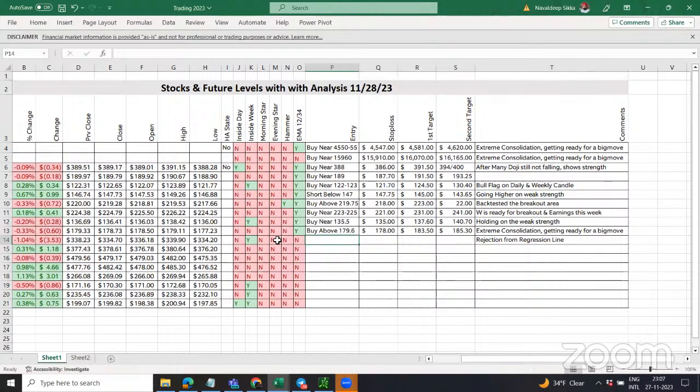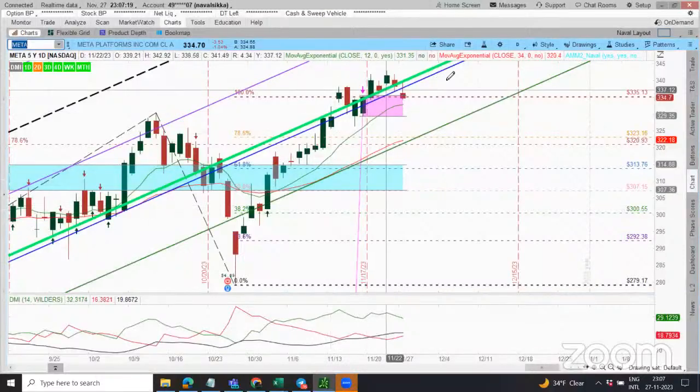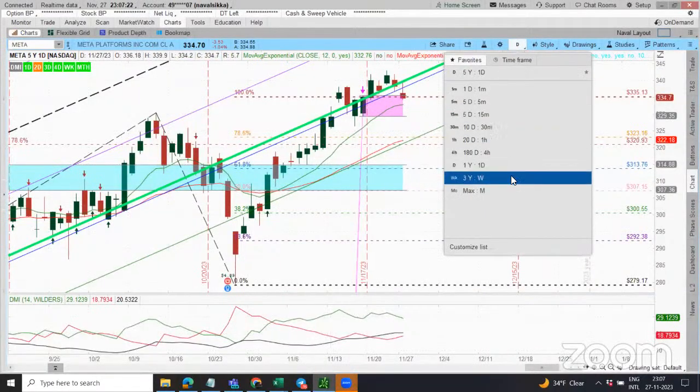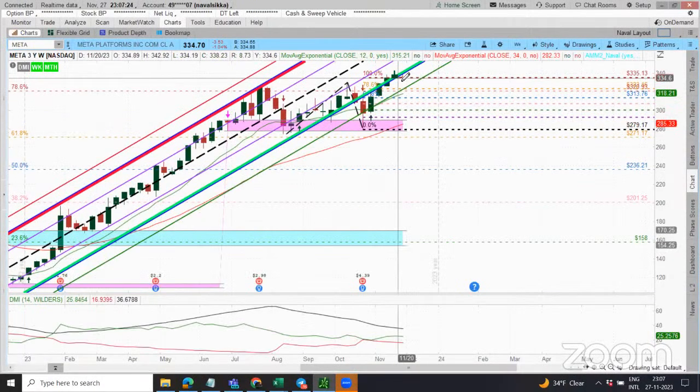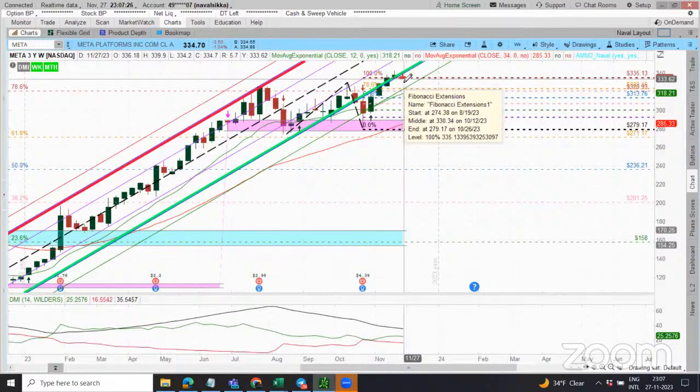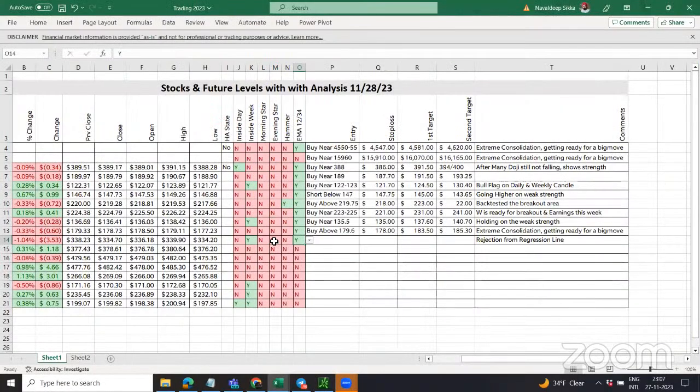So I'm inclined to short. It's an inside week on Meta, and it's making an evening star as well on the weekly. So Meta is weak. It's making an evening star, which is not good. So let's sell or short.